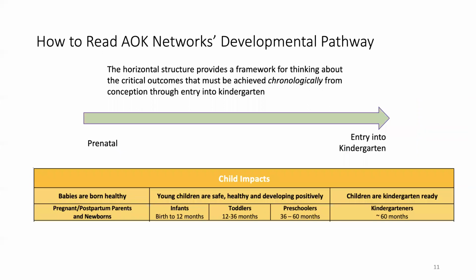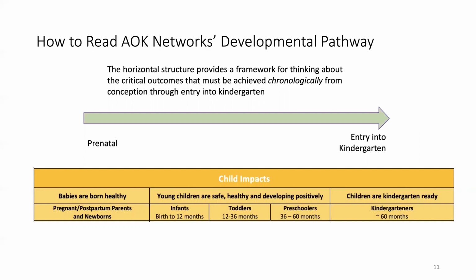So I want to take a few minutes to talk about how to read the developmental pathway, because the developmental pathway is really powerful because of the outcomes that are included in it, but the structure and the way that it's been designed is also an important piece for understanding the connectivity of the outcomes. And so as we look at the developmental pathway from left to right, as you already noticed, I'm sure, the child impacts start prenatally.